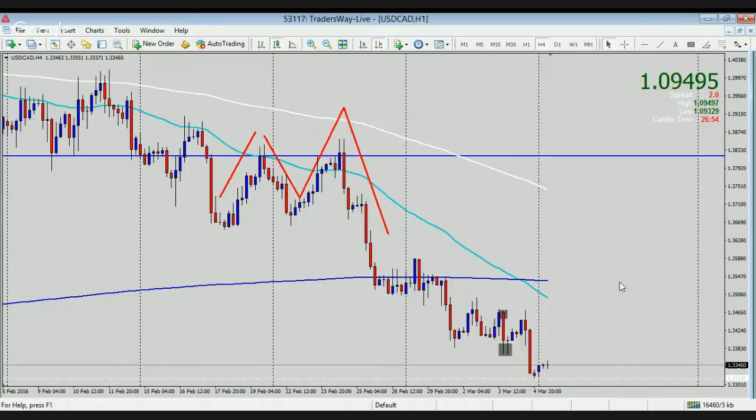The 15 and the 1-hour follow the trend. Once again, the 4-hour and above makes the trend. So if you see a W or M formation on the 4-hour and above, that's because a trend is changing. Simple as that, guys. You guys just need to follow the rules and you'll get the results you want.